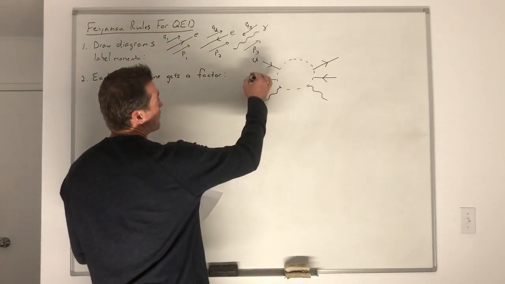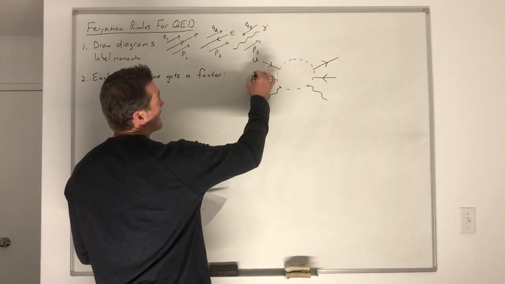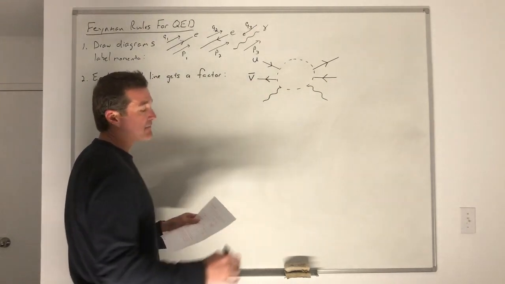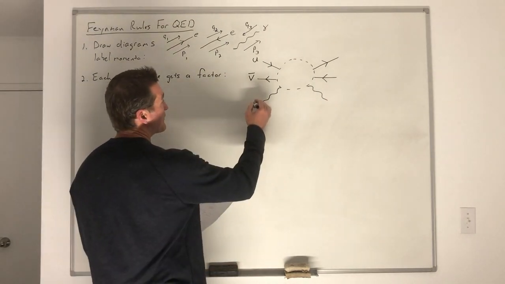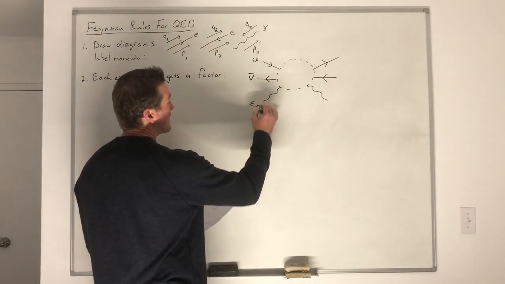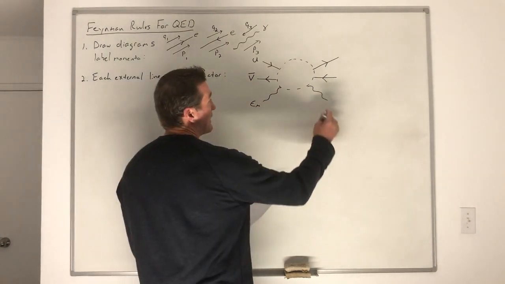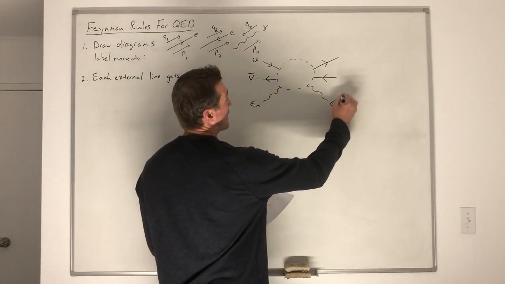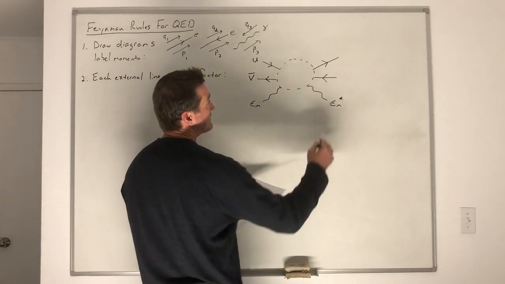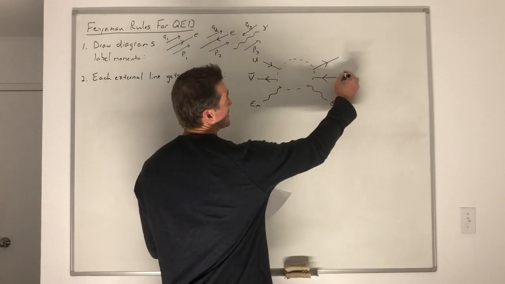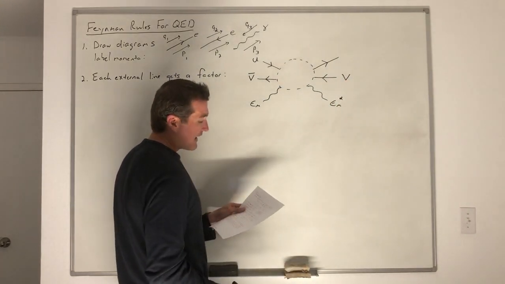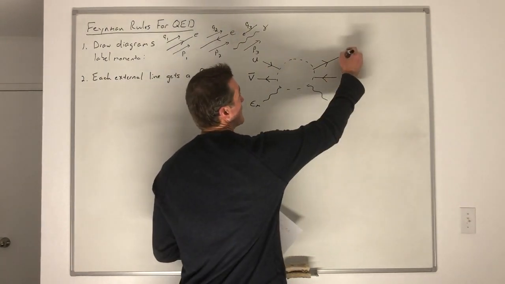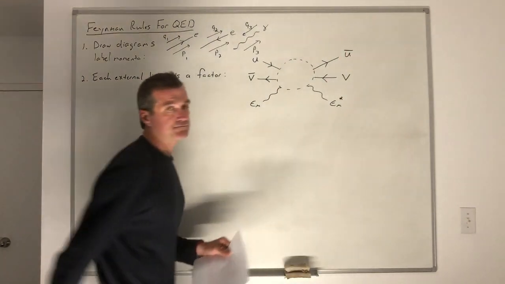If you have an antiparticle entering the interaction, you want to have a factor of v bar. If you have a photon entering, you want an epsilon lower mu. If you have a photon leaving, you want an epsilon mu star. If you have an antiparticle leaving the interaction, you want a v. And then if you have a particle leaving the interaction, you want u bar.